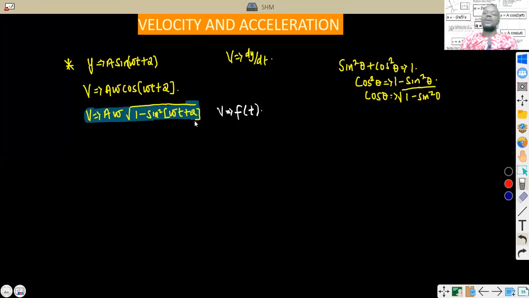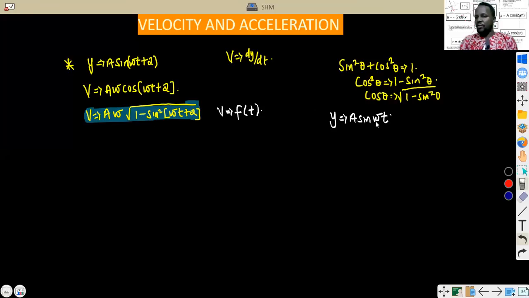Now, velocity can also be written in a second formula as a function of displacement, which is what most of you actually know very well. So let's write it as a function of displacement. You and I know that y is equal to A sine of omega t, from what we've studied.